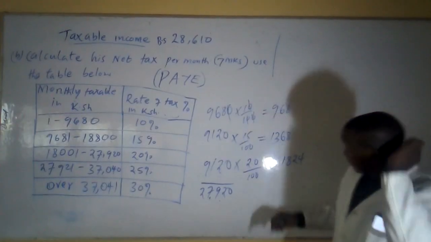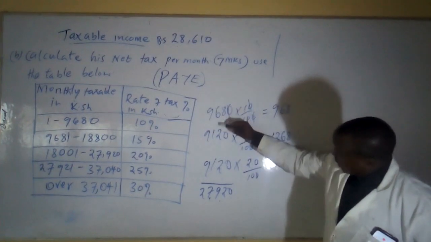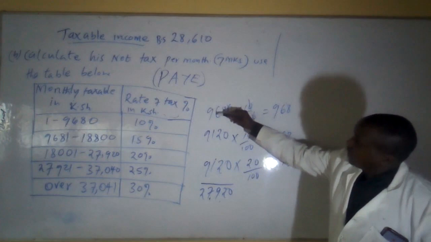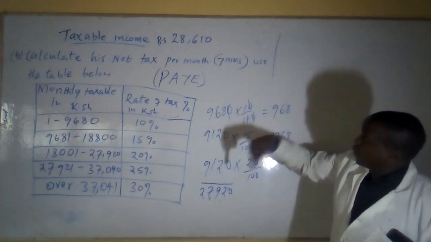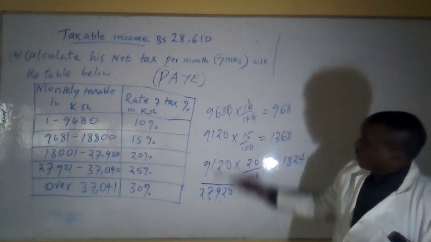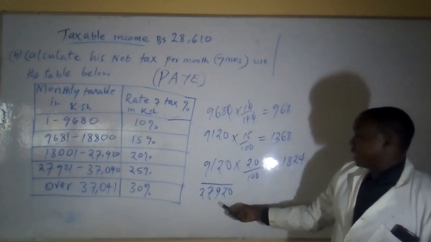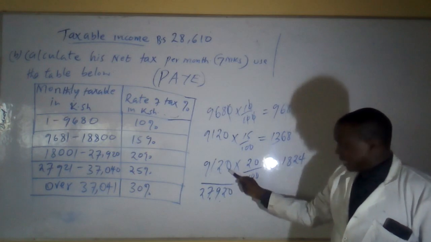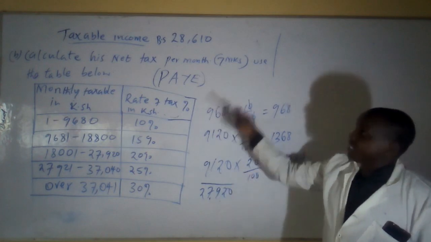As you continue calculating the tax, make sure that this amount of money does not go beyond our taxable income. If we continue with 9,120, our total will go to thirty-something thousand.